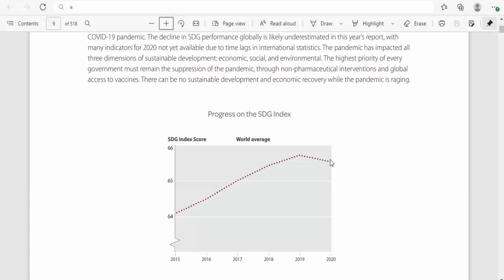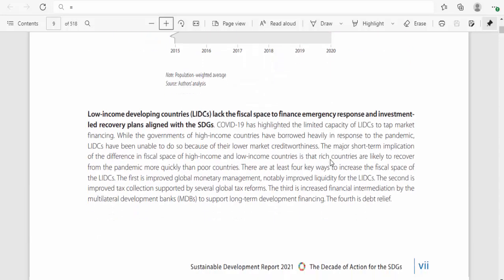So it's not a 100% bulletproof affair, for lack of a better term, but I'm sure everyone is trying their best, especially the scientists. So all they are saying is that really the overall index score has declined, which is not surprising.